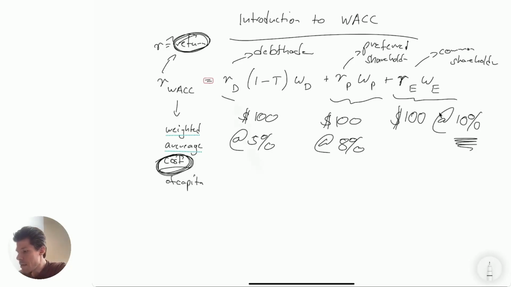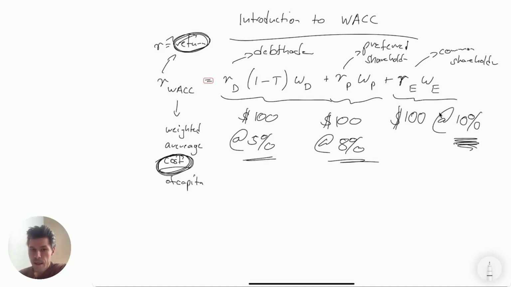Then, depending on the proportion of debt, preferred shares and common shares, the mix of 5%, 8%, 10% is your weighted average cost of capital.